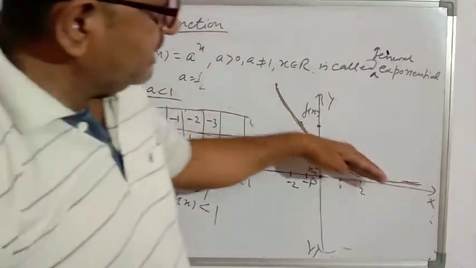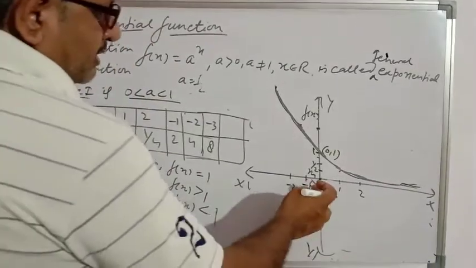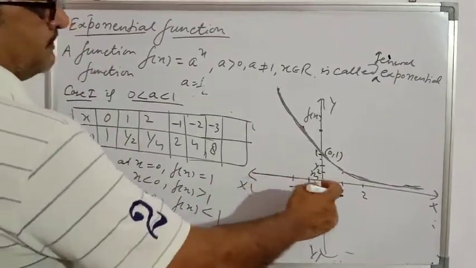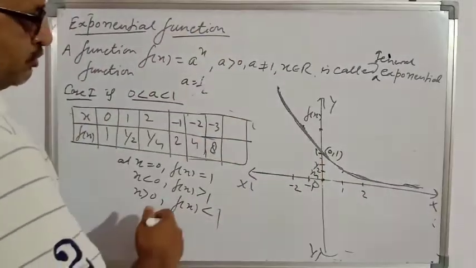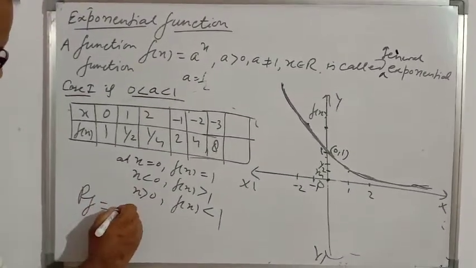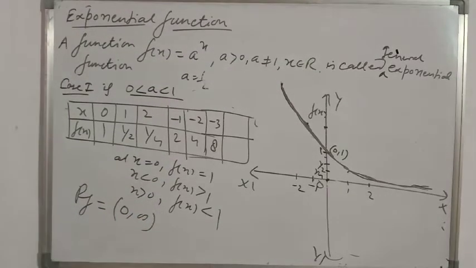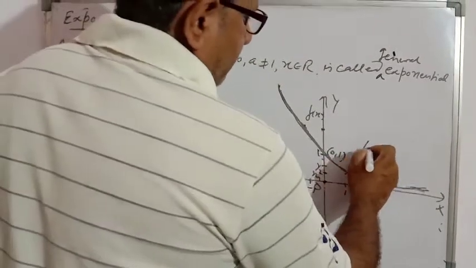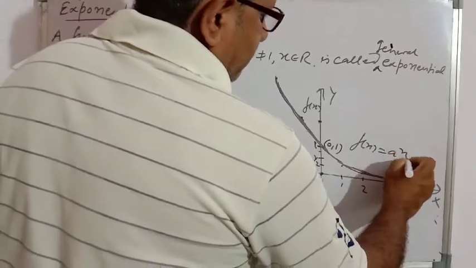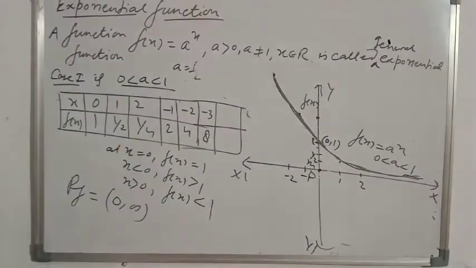So it goes on decreasing towards 0, and when x is less than 0, it goes on increasing up to infinity. So again, what will be the range? The range will be 0 to infinity. So it is the graph of f(x) = a to the power x, where a lies between 0 and 1.